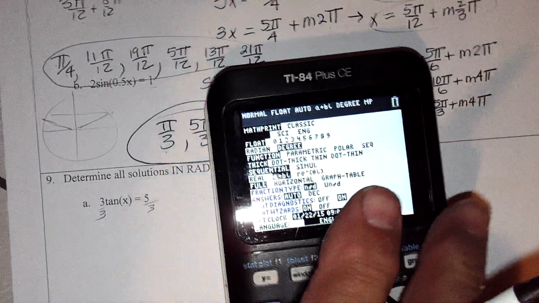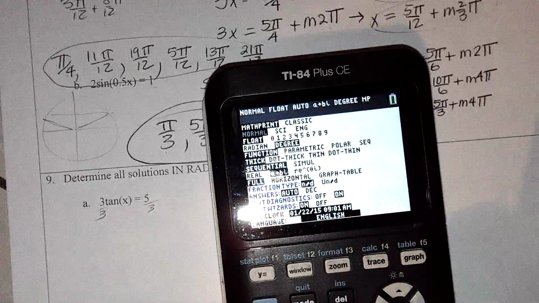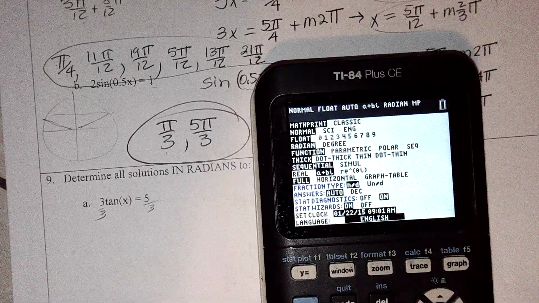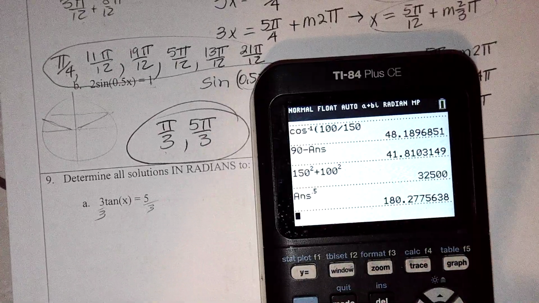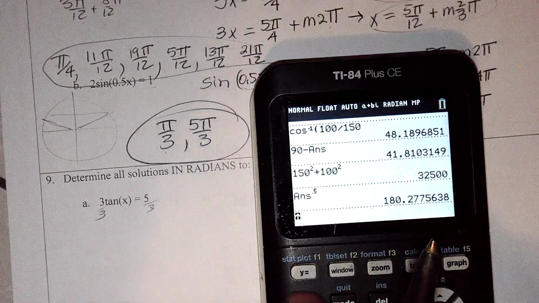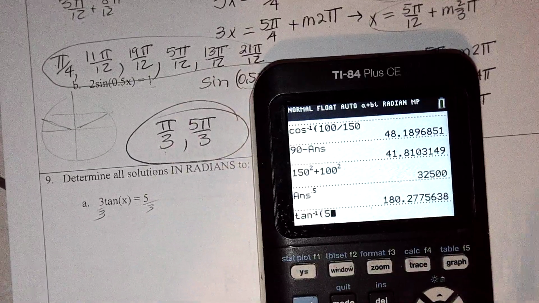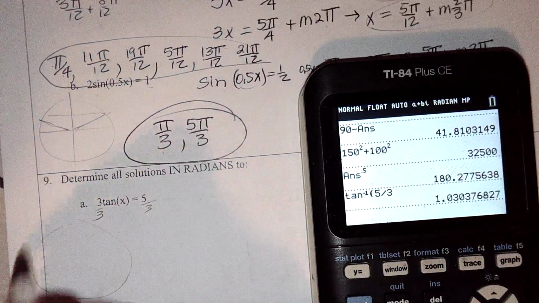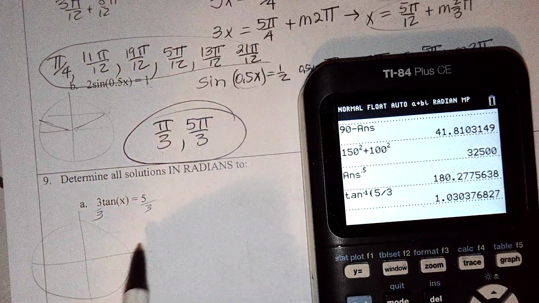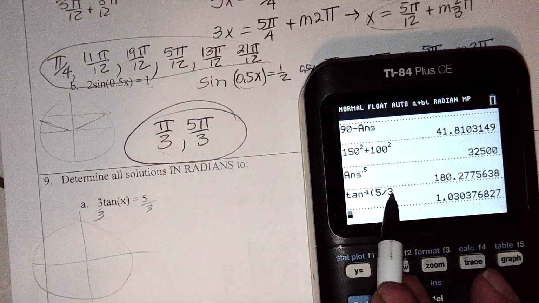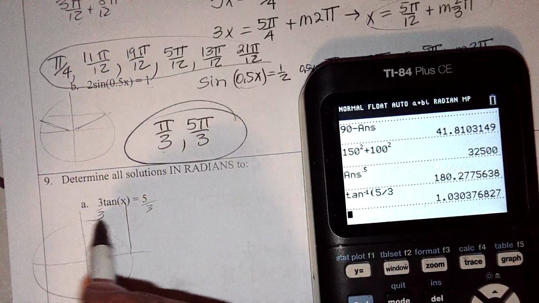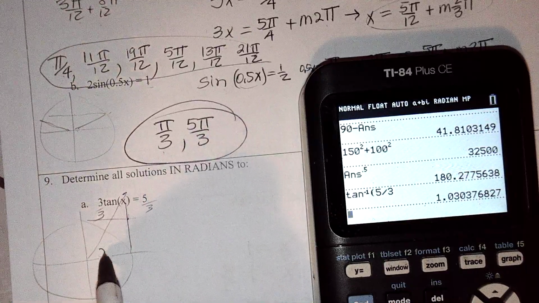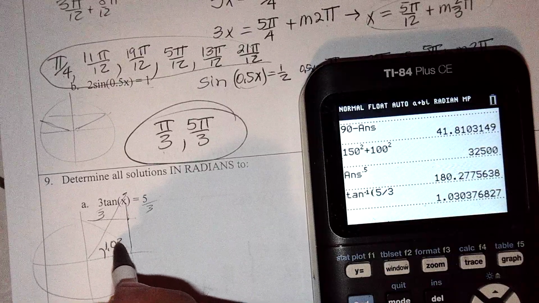In mode radians, and so I go tangent inverse of 5 divided by 3, and that gives me one place where the tangent is 1 2/3. 1 is here, and 2/3 is up here. So there's an angle here, and it's telling me it's 1.03 radians.